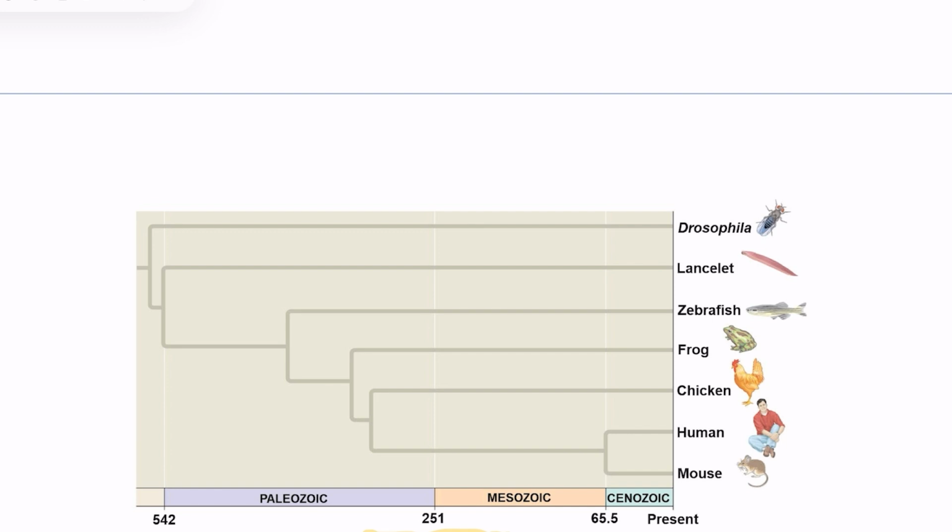So you can see here, if we discuss this tree, that Drosophila evolved more than 542 million years ago, and then the lancelet evolved 452 million years ago, and then the zebrafish you can see here, maybe 300 million years ago, and the frog maybe evolved here, and then the human and mouse, and you can say that human and mouse evolved or diverged 65.5 million years ago.